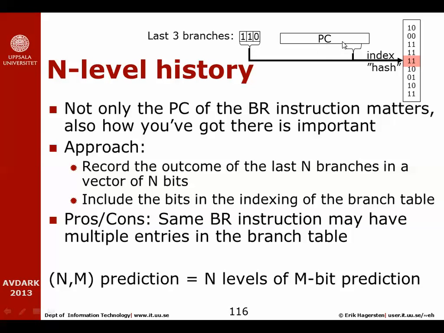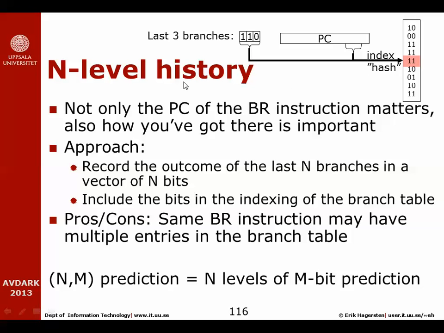We're going to use those 3 bits in combination with some of the bits from the program counter when we choose which of these entries of this vector we're going to turn to when we make our prediction. So both the PC but also the history of where we came from.